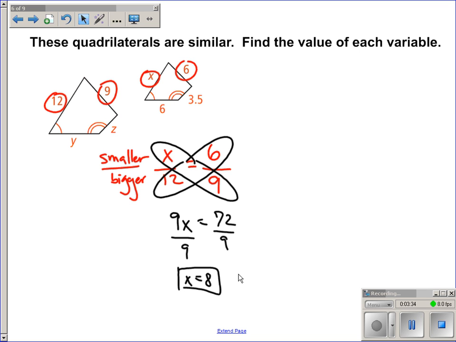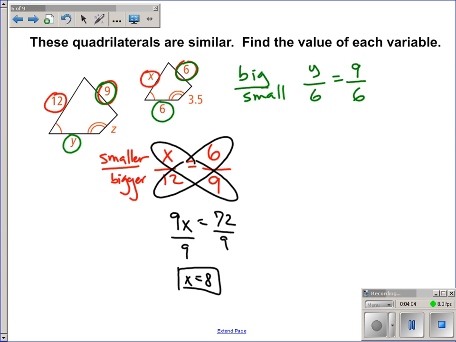Similarly, I will find y. Now, y corresponds with 6, so I will look at the ratio of y over 6. Keep in mind the ratio that I just wrote. This ratio now is the bigger over the smaller. So y over 6 will be equal to, I can use the same ratio that I know, 9 over 6.